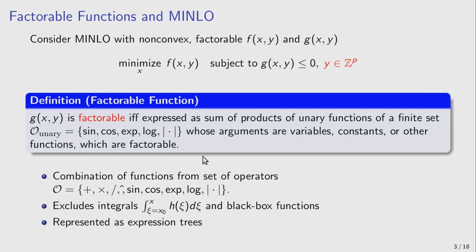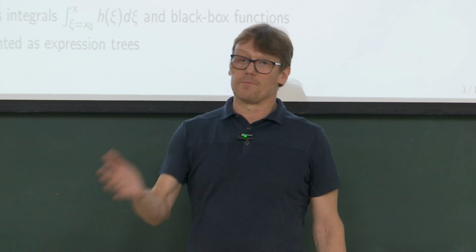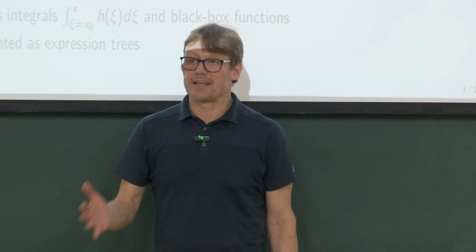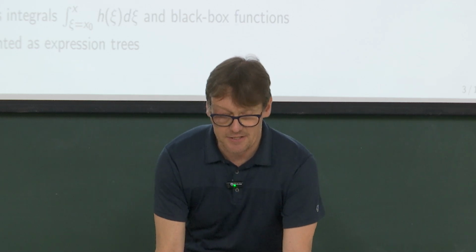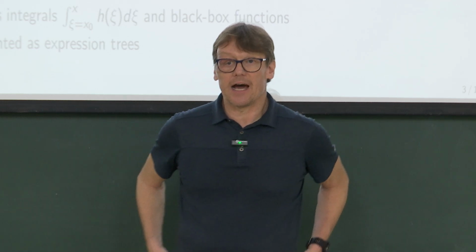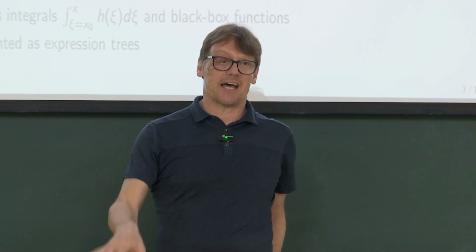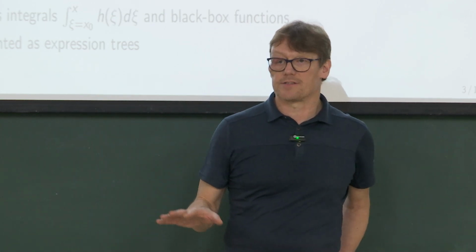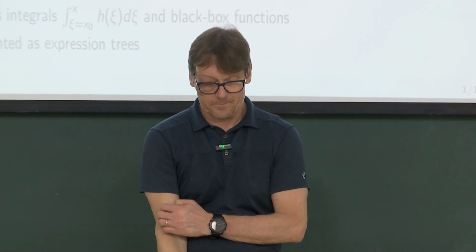What I'm not going to allow you to do is take functions that are, for example, integrals of other functions. I could relax this if I knew how to form this integral analytically and get, again, a factorable function, but it's easier to do this. And in particular, I'm not allowing functions that I can't see inside. Those are called black box functions, where you're not telling me what the functional forms are.